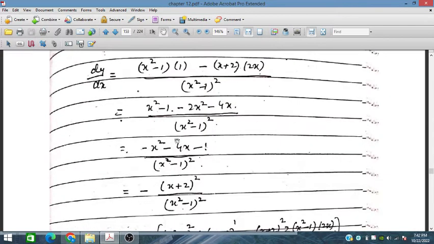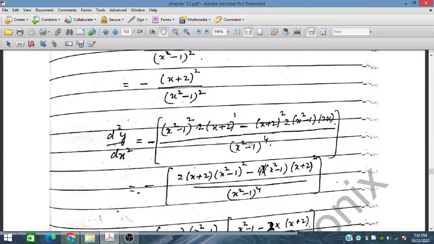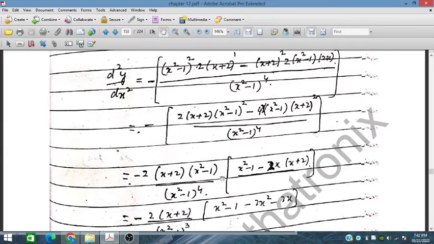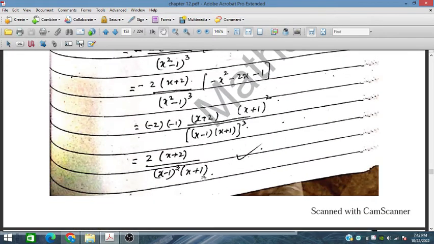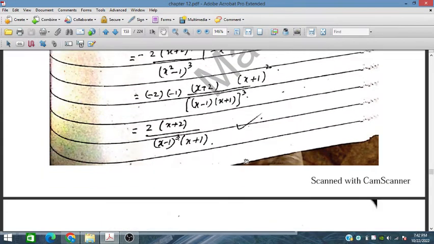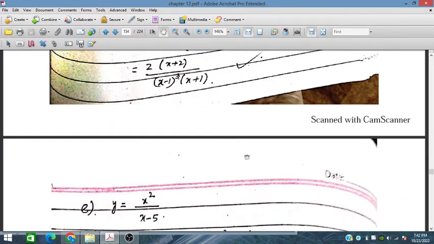Again, take the derivative, and this is u, this is v. The second order derivative will obtain this. This is v square. So rather than simplifications, we eventually obtain this. So this is part E.